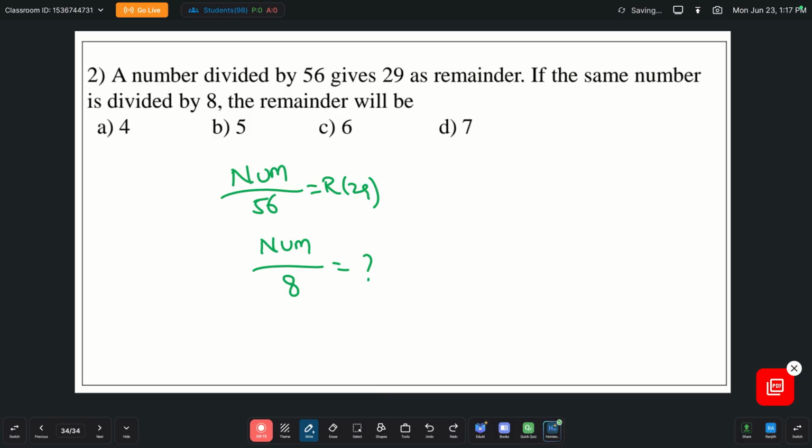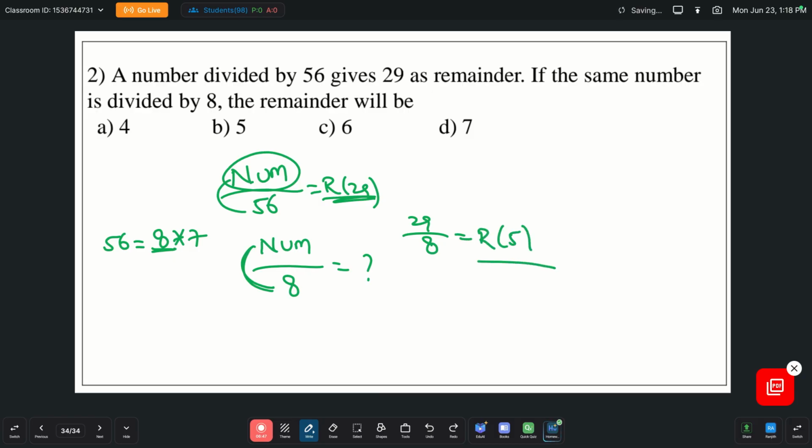So if I write 56, the prime factorization is 56 equals 8 into 7. Whatever the number divided by 56, no need to divide again by 8. Why? Because 8 is a factor of 56. Directly we need to go with the remainder. So directly we divide 29 by 8, remainder will be equal to 5.